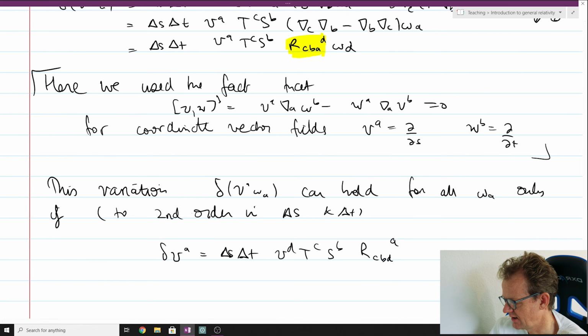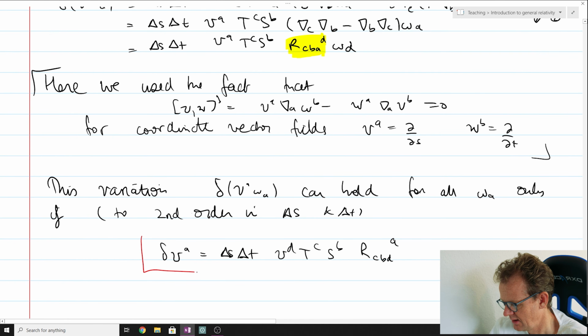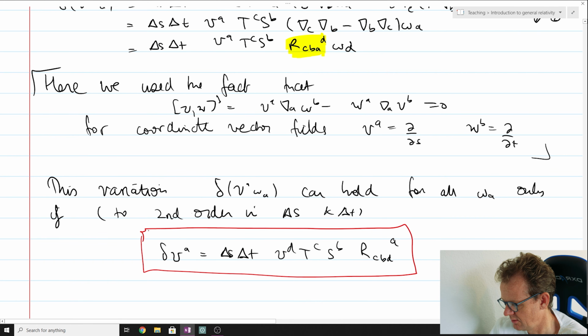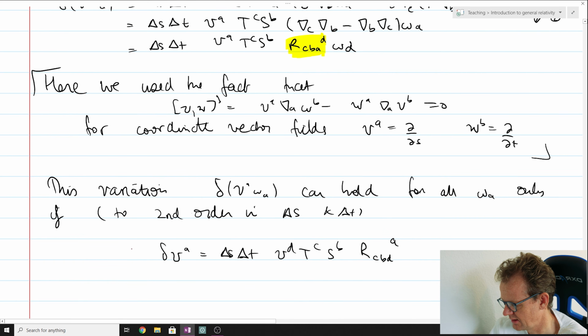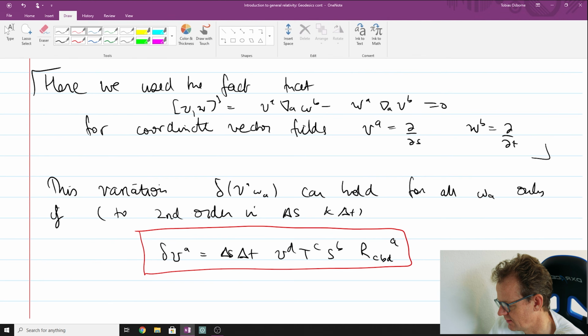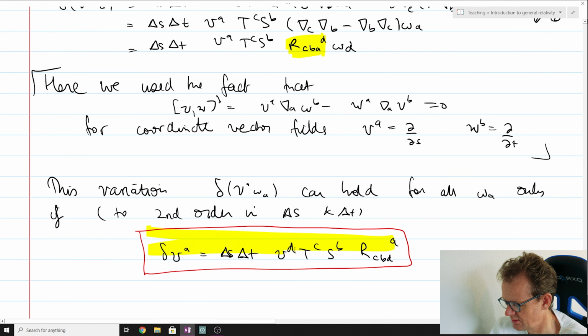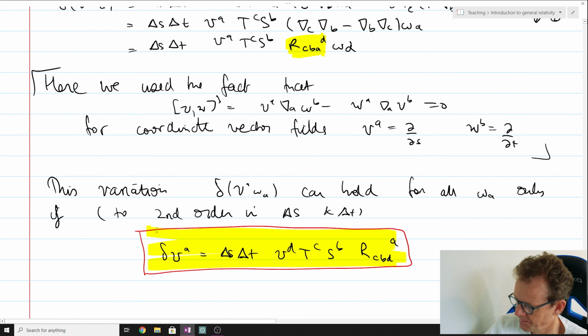And this gives us our second interpretation of the Riemann curvature tensor. The first was really as a mathematical definition. The second here is as the failure of successive parallel transport operations to commute.